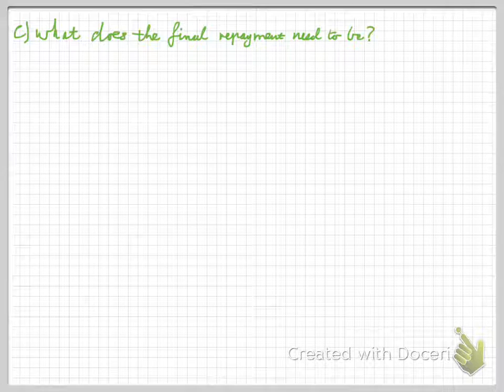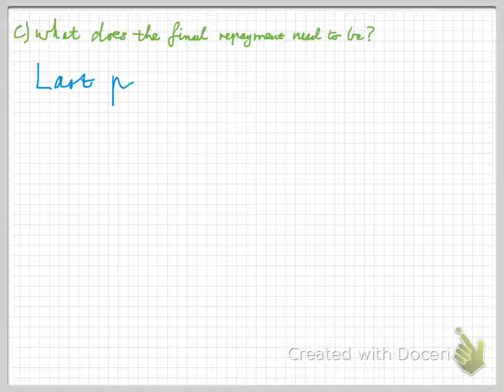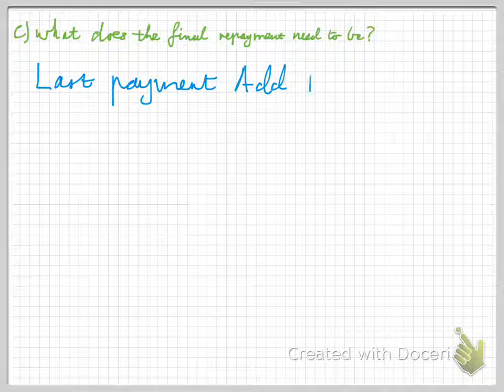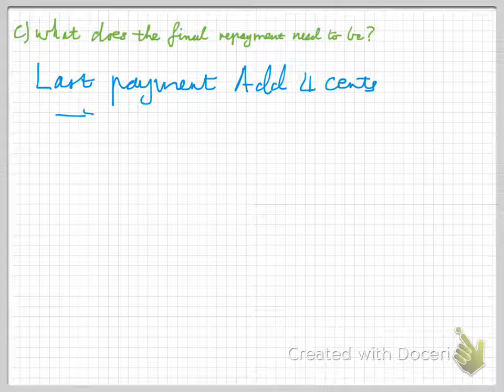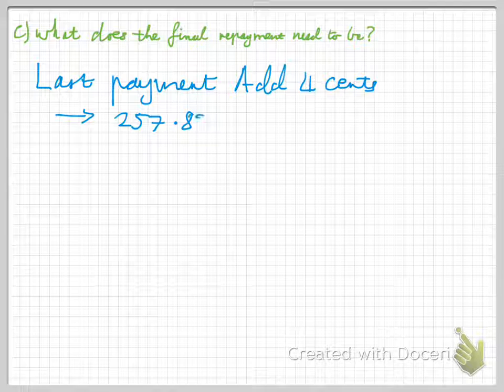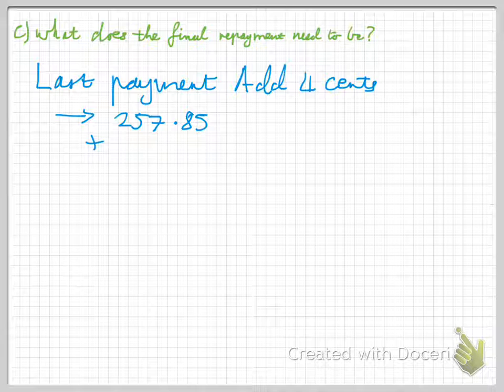So what will happen is that instead of that last payment being the $257.85, we will add our 4 cents to the very end.